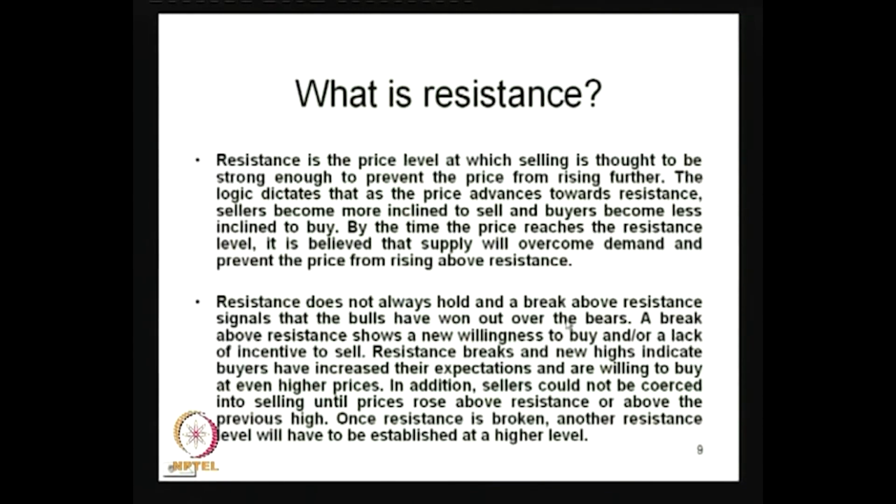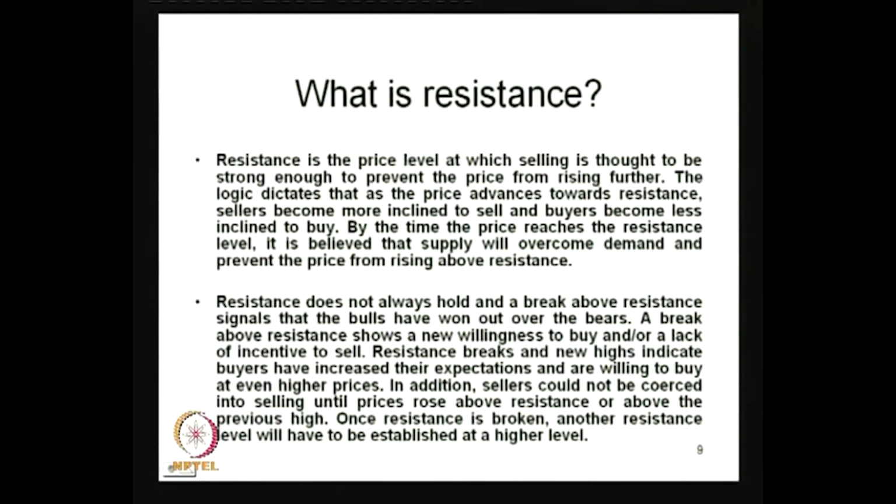So, here we have used these two concepts, the resistance line and the support line. What basically is the resistance line? The resistance is the price level at which selling is thought to be strong enough to prevent the price from rising further.